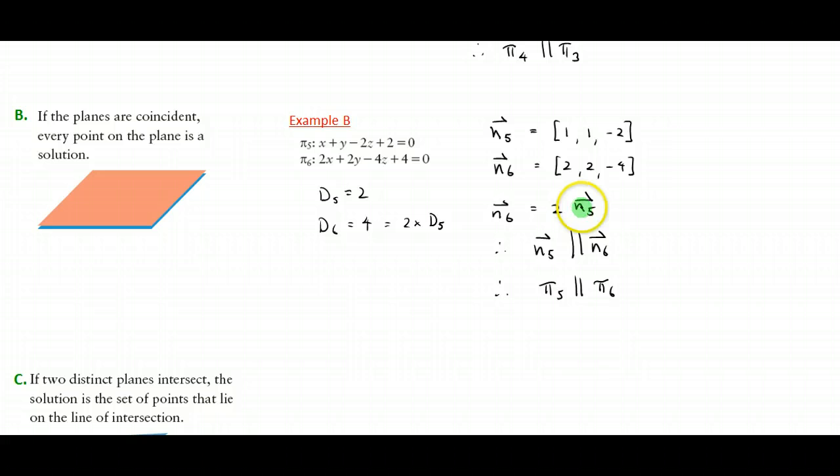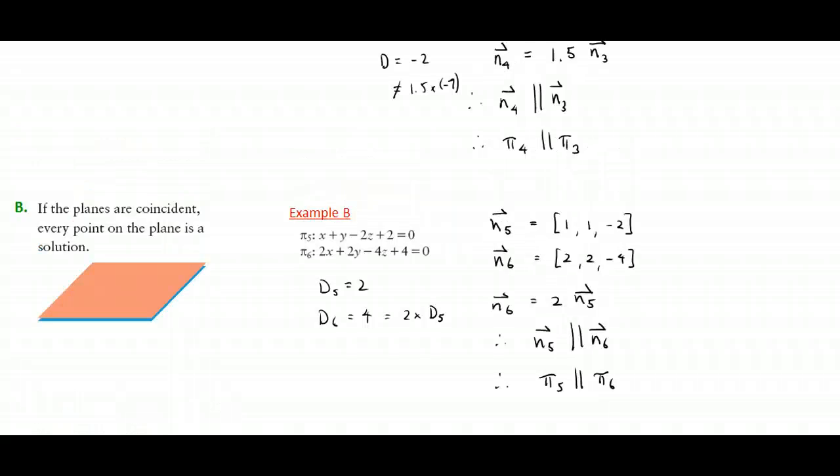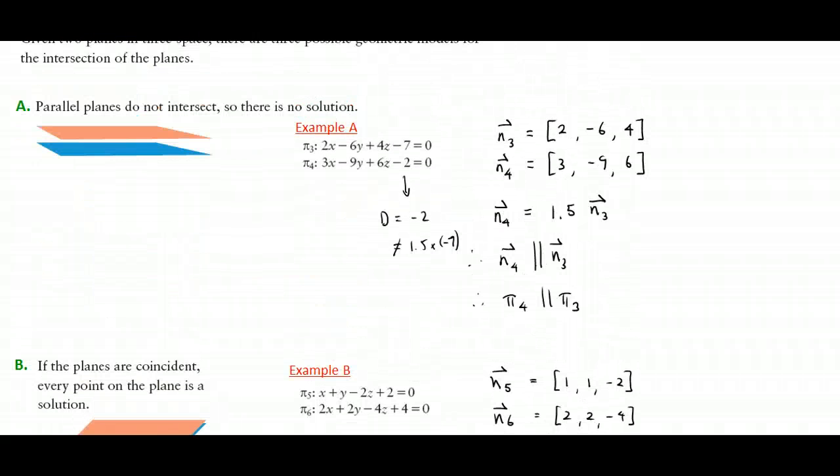So if I scale the normal vectors up by a scale factor of 2, I've scaled the d value up by a scale factor of 2, that means plane 6 is really the same as plane 5. In fact, if you look at plane 6, I could divide each term in this equation by 2, and I would get back to plane 5. So it's quite easy to see, once we've looked at the normal vectors, if we have either a coincident situation, like situation B, or a parallel situation, like situation A.